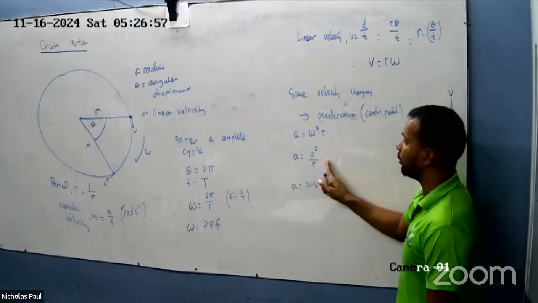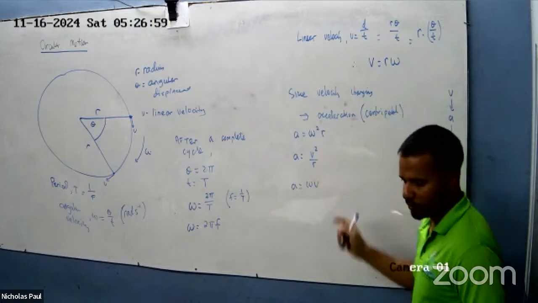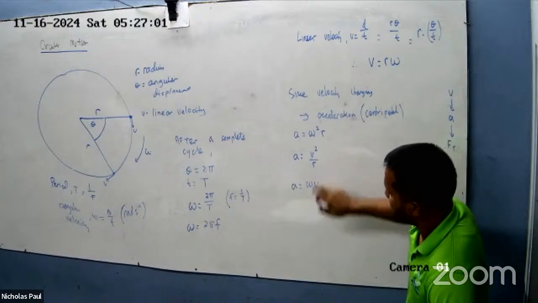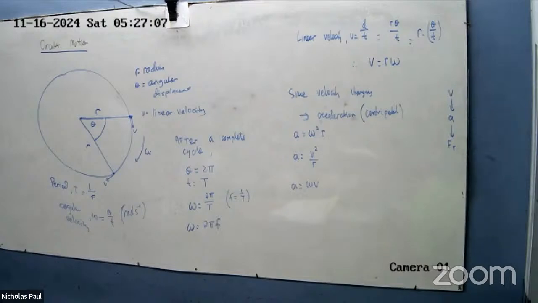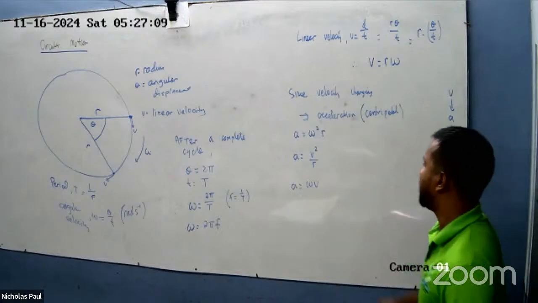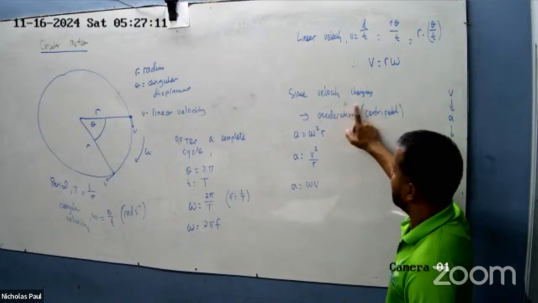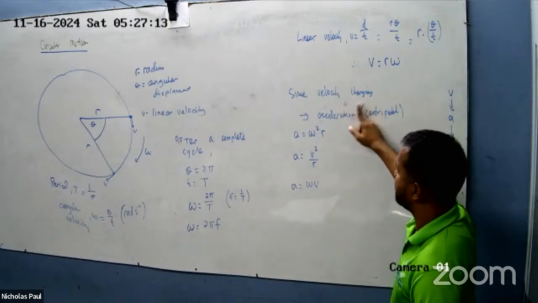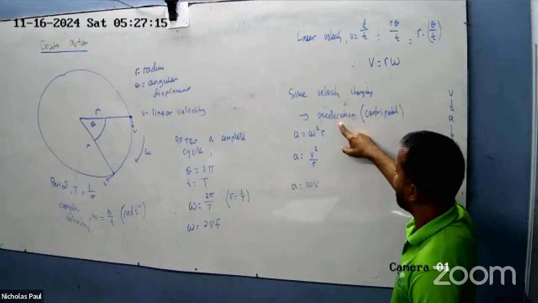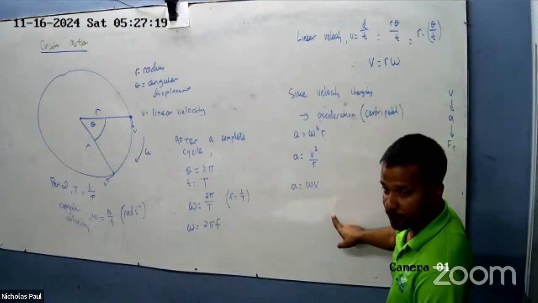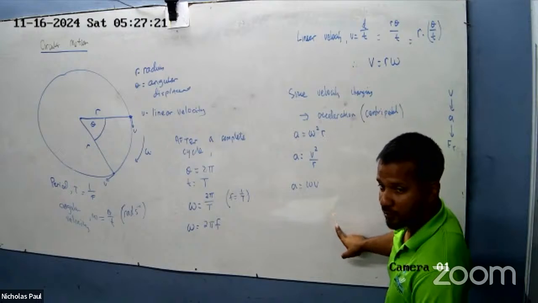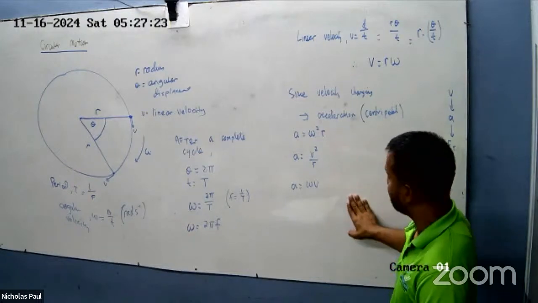There was a nice long proof that used to be done for this one. Okay, so again, because the velocity is always changing, then the body has an acceleration, and that acceleration is given by this. That's okay? So that's following that.